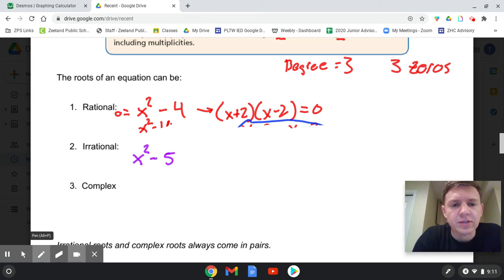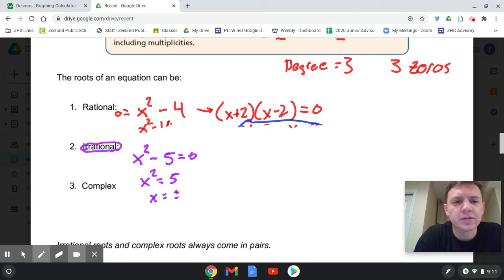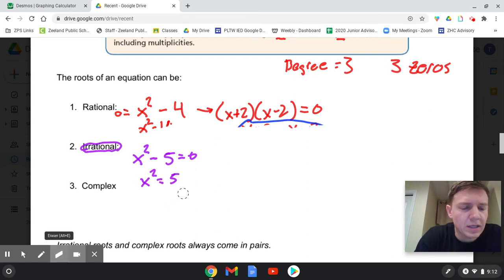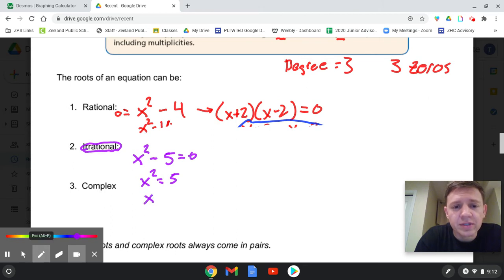If we set that equal to 0, we're going to have x squared equals 5. And then, I have to square root, as I'm sure you already know.